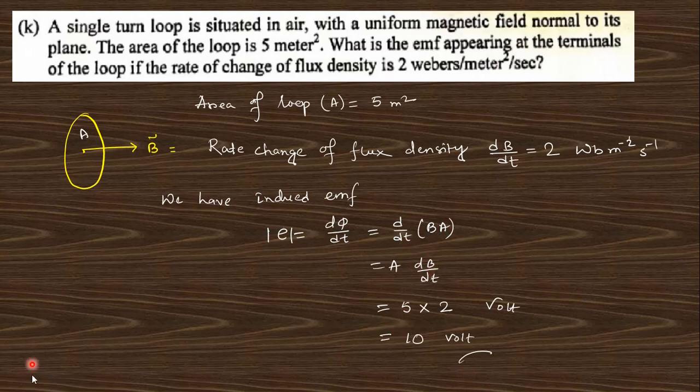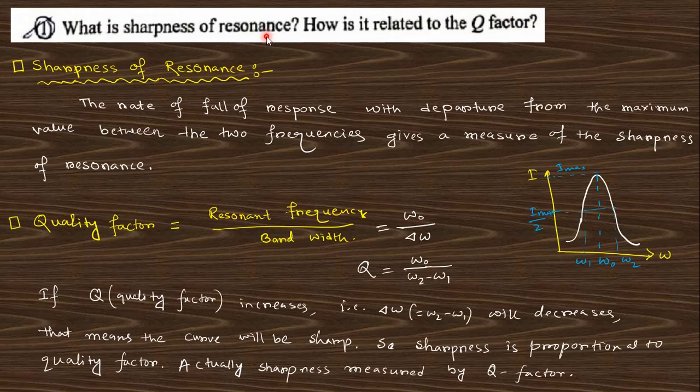Next question. What is the sharpness of resonance? Sharpness of resonance is the measure of how selective the circuit is to the resonant frequency. The rate of fall of response on departing from the maximum value at the resonant frequency gives the measure of sharpness. The fall can be broad or sharp, meaning the fall is faster.